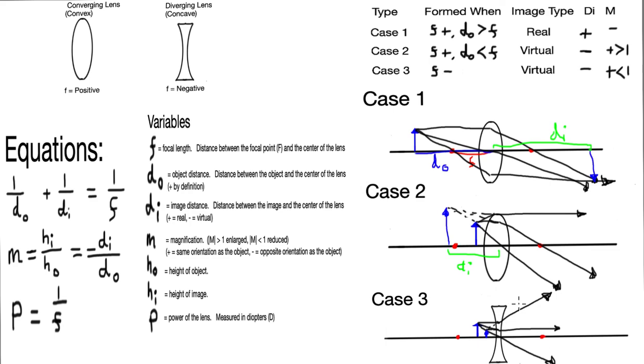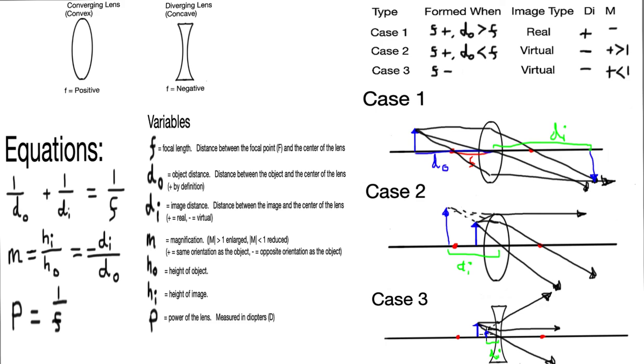And so some important things to know about this case is if we look at the image distance, it's on the left side again. So the image distance is negative, and because it's on the left and because it's negative, it's a virtual image.